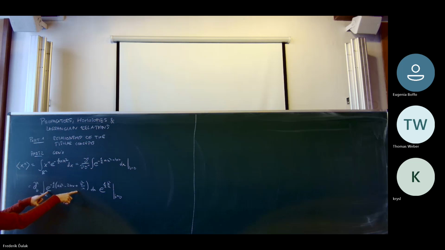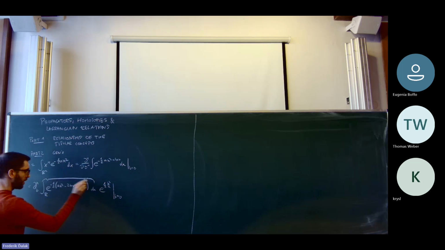This is just because you can shift the integration by a constant. This integral is the same as the integral of e to the minus 1/2 a x squared.